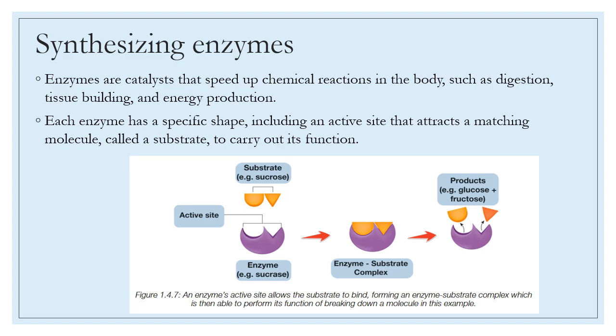So it's its matched mirrored pair to be able to bind. They fit in like a lock and key, and they create some products. So their job is to attract their matching pair of molecules called a substrate, and they carry out their functions.